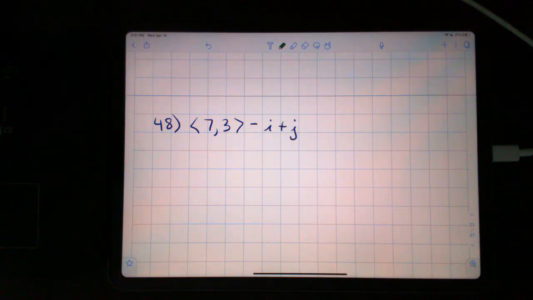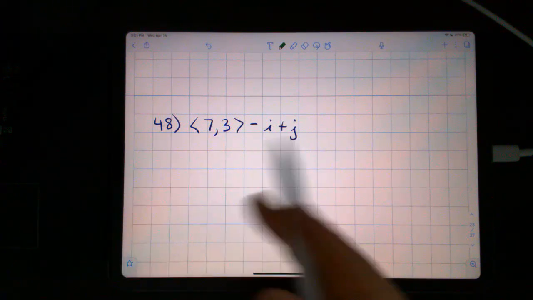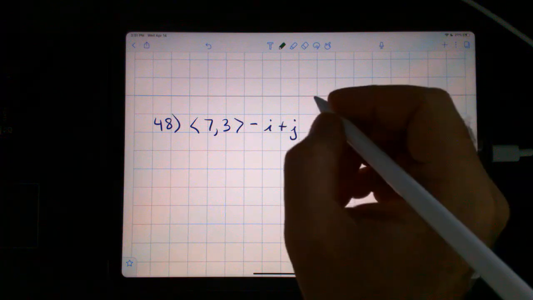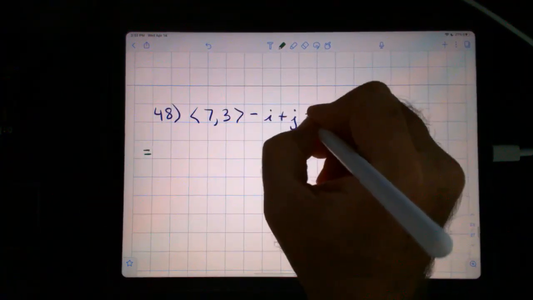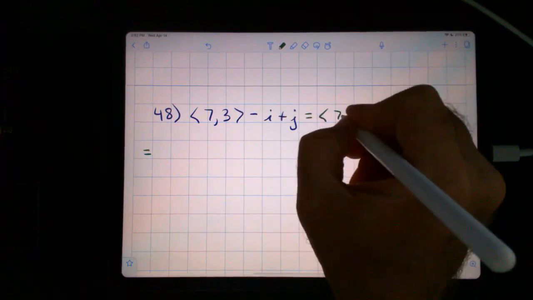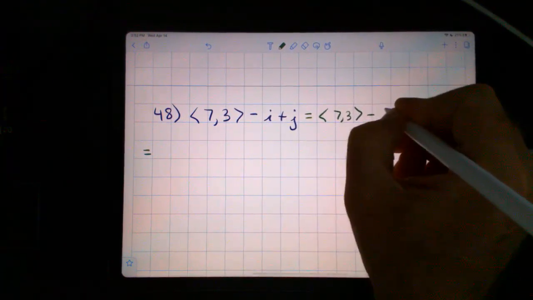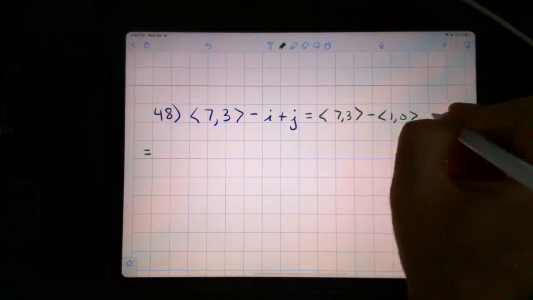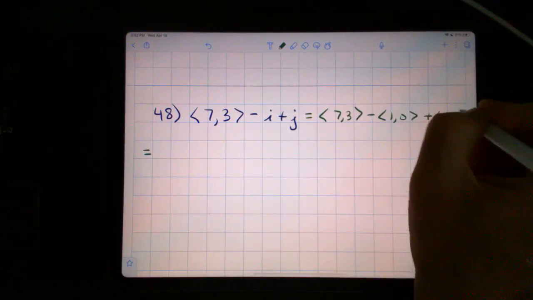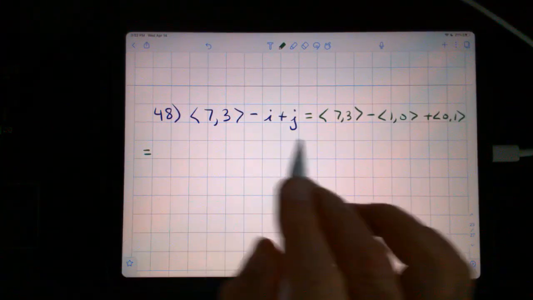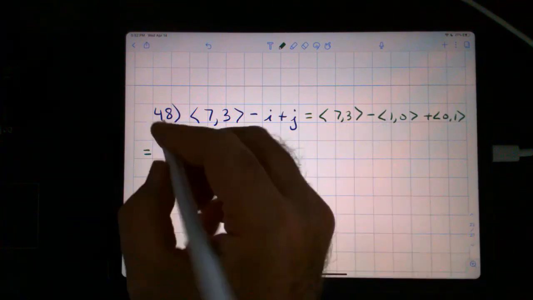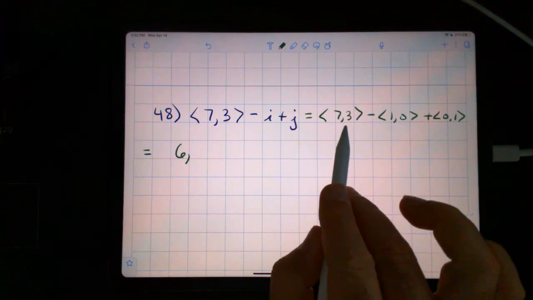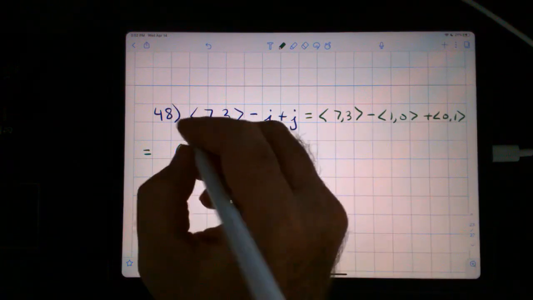So we need to find a unit vector having the same direction as this. Okay, let's clean this up a little bit. So 7 minus 1 is 6. 6 plus 0 is 6. And 3 plus 1 is 4.